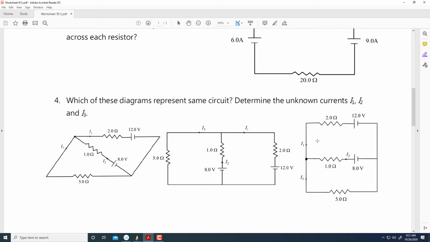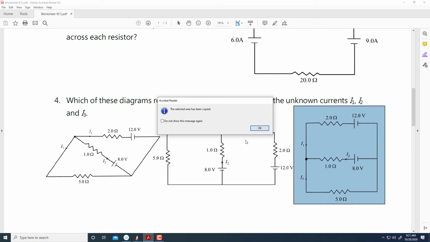So we can just choose one and then find I1, I2 and I3. Let's choose one, whichever you want. Let's say let's choose this one.